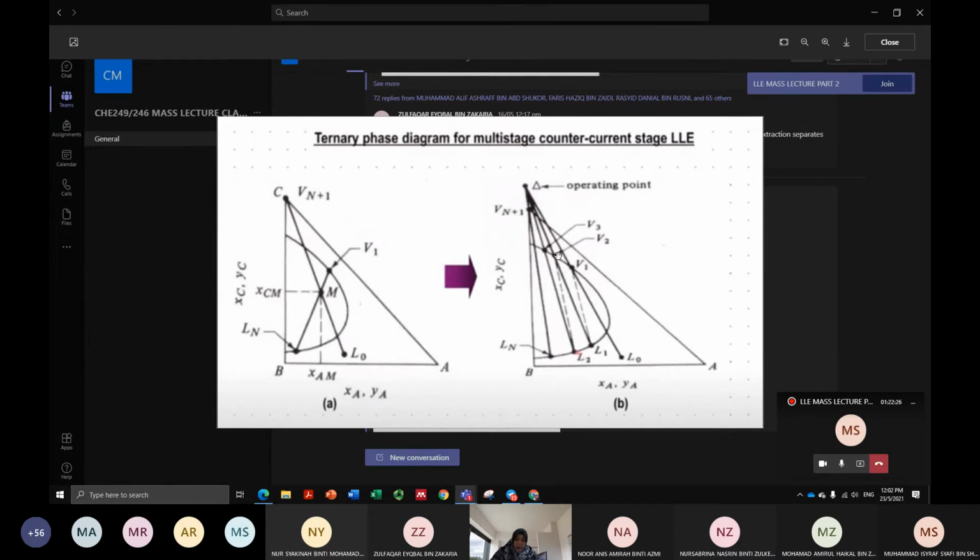So you can draw the dotted line from V2 to L2 to represent the second tie line.